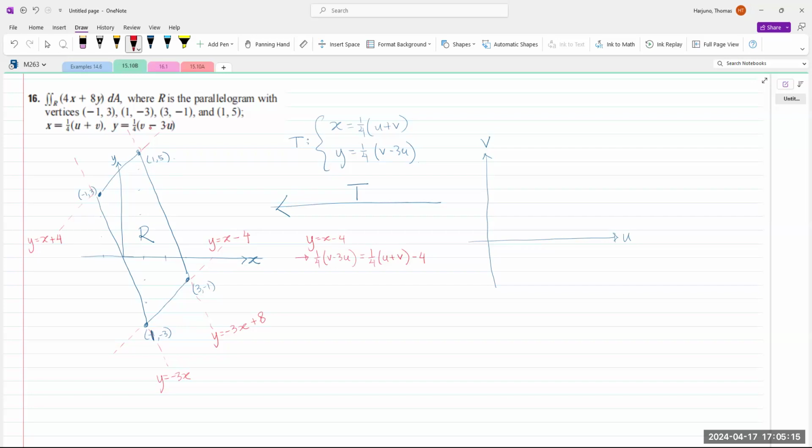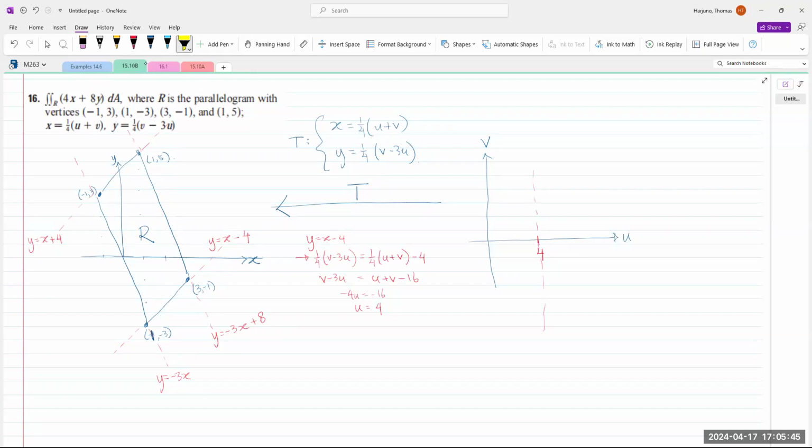I can multiply each term by 4: phi minus 3u equals u plus phi minus 16. Putting things together, the phi cancels. Negative 4u equals negative 16, so u equals 4.